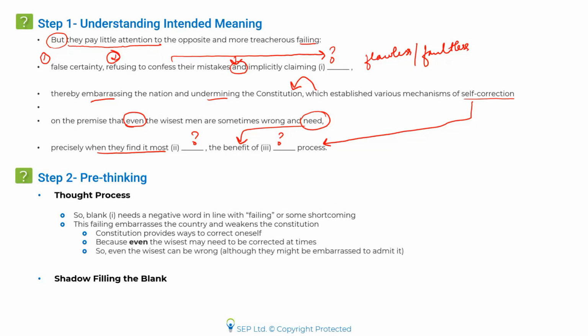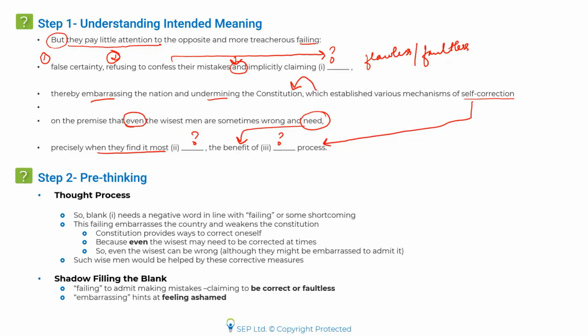So even the wisest can be wrong, although they might be embarrassed to admit it, right? And such wise men would be helped by these corrective measures. All right, that corrective process. So if I'm shadow filling the blanks, the first blank would be something that would talk about claiming to be correct or claiming to be faultless.